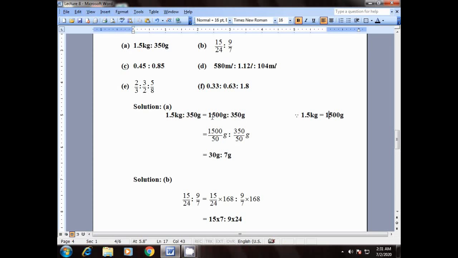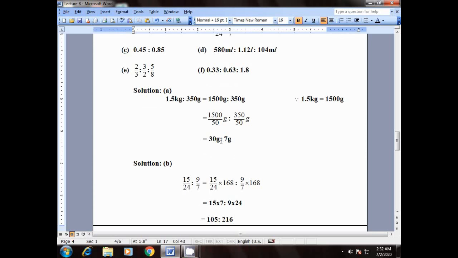Now we know that both of these quantities, 1500 gram and 350 gram, are divisible by 50, because we have discussed that to simplify the ratio we will divide these quantities by the same number, or we will multiply these quantities by the same number. Now if we divide the first quantity 1500 and the second quantity 350 by 50, we can find the simplest or the lowest form of the given ratio.